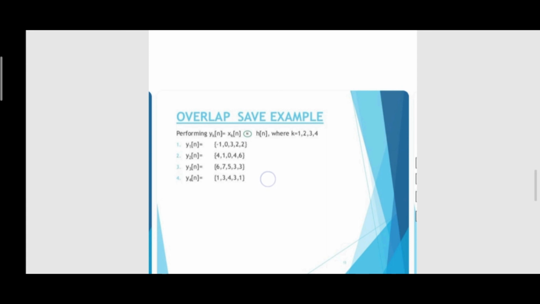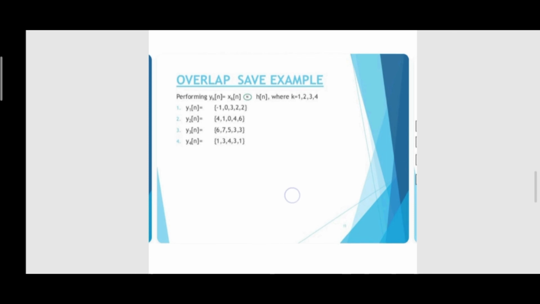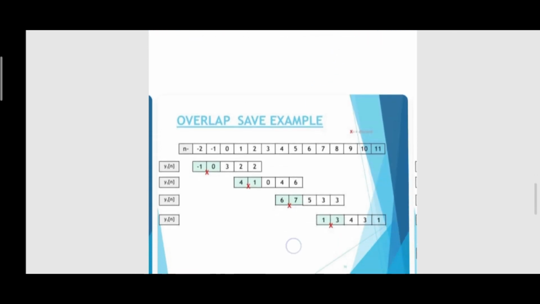The circular convolution can be formed by using the matrix multiplication method, so easily you can find the values.